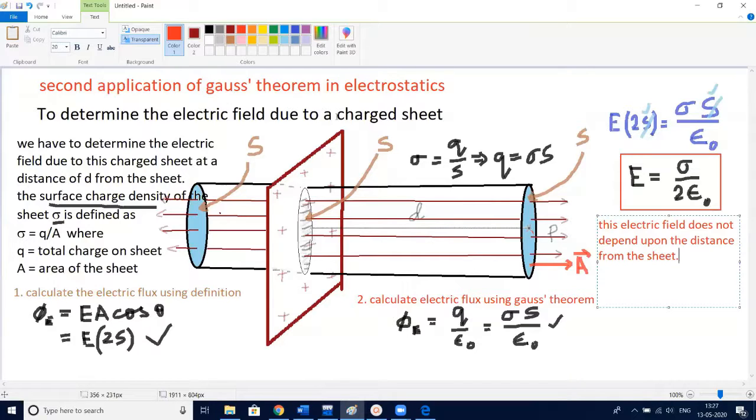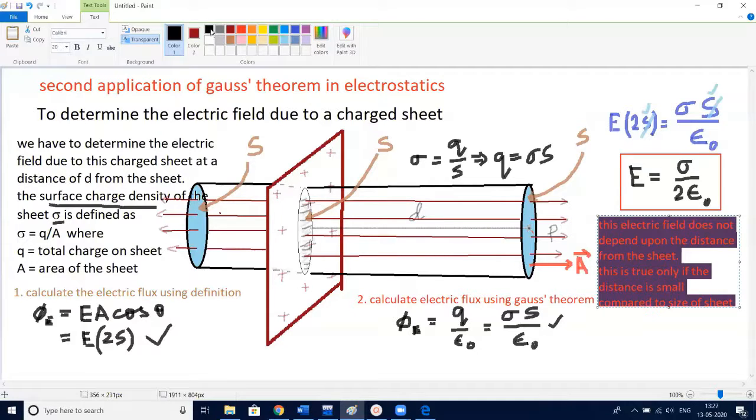This is only true if the sheet is very large compared to the distance, meaning at a distance quite near to the sheet. This is true only if the distance is small compared to the size of the sheet. So this will only work in that case.